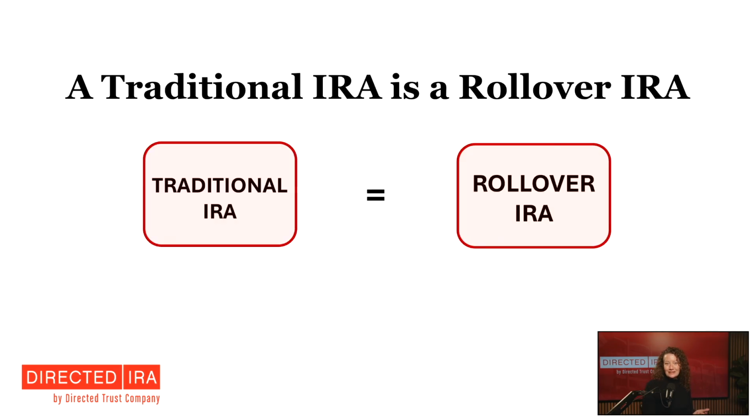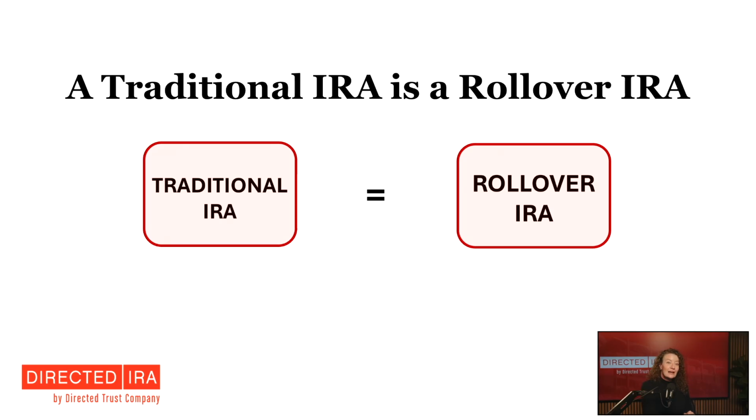Now I want to focus in a little bit on that traditional IRA. This is one of the most common questions we get on a regular basis. Some people will say, well, you said I could self-direct my traditional and my Roth, but what about my rollover IRA? Great news. A rollover IRA is just another name for a traditional IRA. So yes, a rollover IRA can be self-directed.